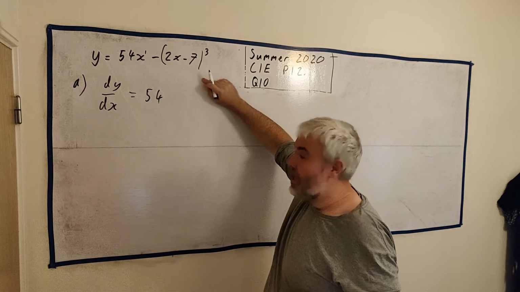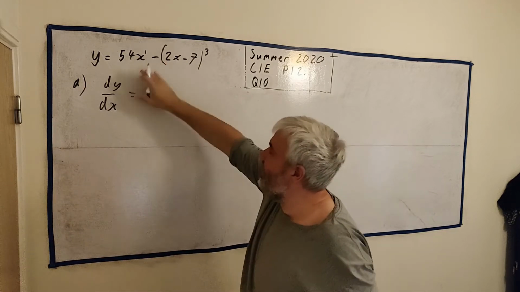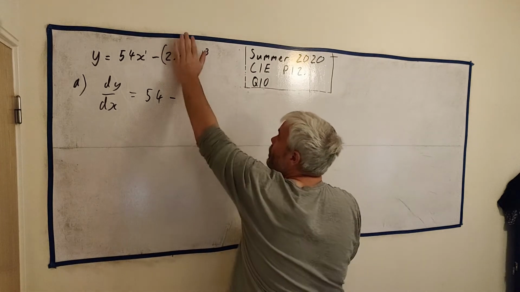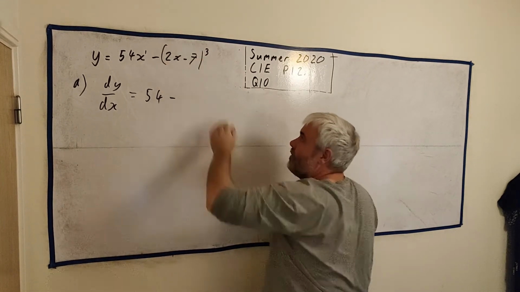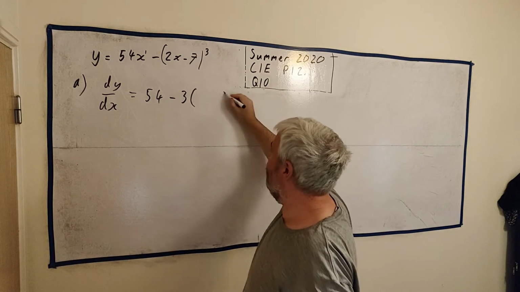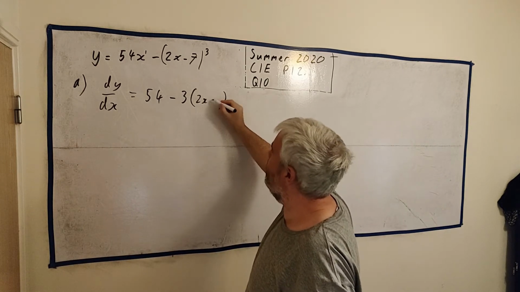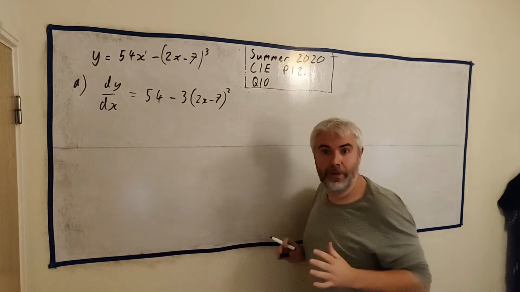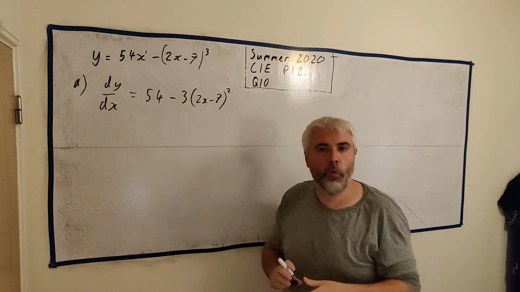Okay, so now we have a chain rule. We have a minus here, we can do that separately if we want. To do a chain rule, we just pretend this whole thing is x, so we get 3 multiplied by this thing, (2x minus 7), to the power of 2. We differentiate it as if it was normally x, but that's not quite right.